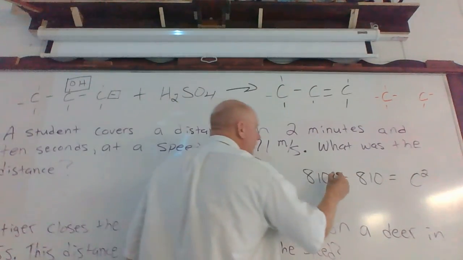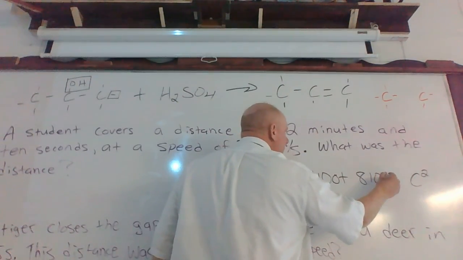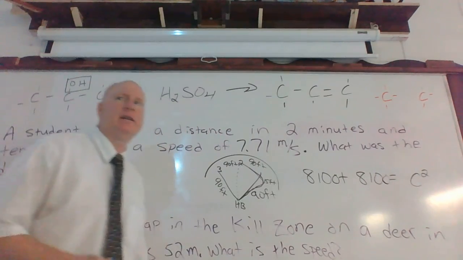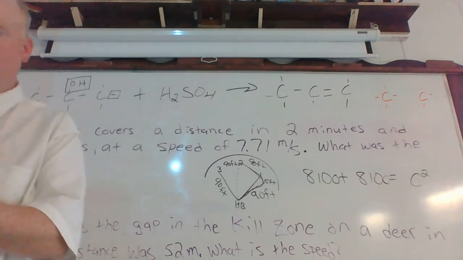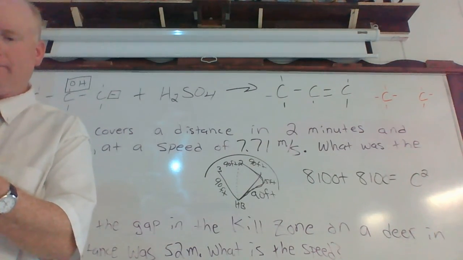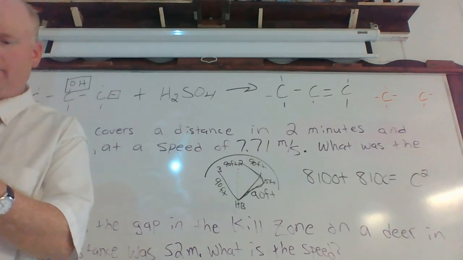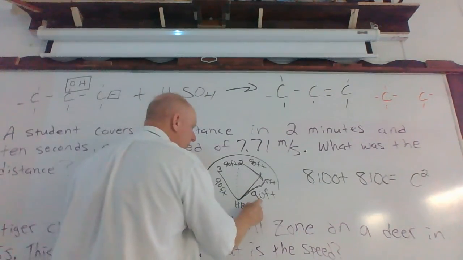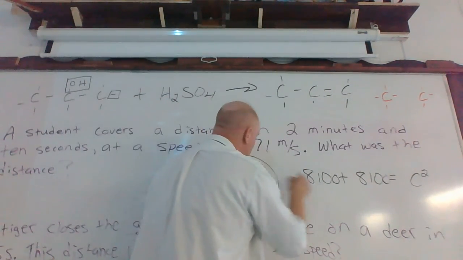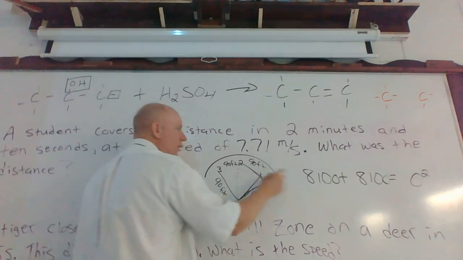It's 8100. My math is a little bit off, but what's 9 times 9? 81. So when you take 90 times 90, you get 8100.